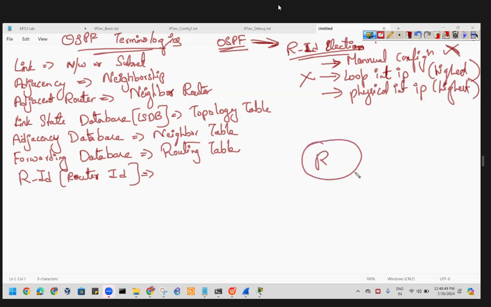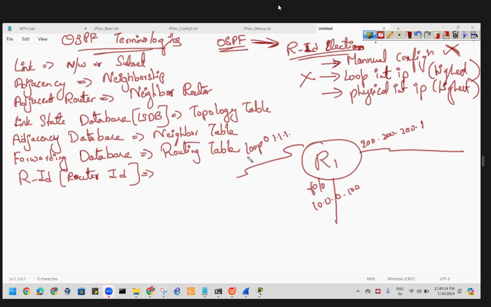Let's suppose I have R1. Now R1 is connected to 10.0.0.0. On FastEthernet 0/0, its IP address is 10.1.1.1. Serial is 200.200.200.1. And let's suppose it has a loopback 0, 1.1.1.1, and loopback 1, 2.2.2.2.